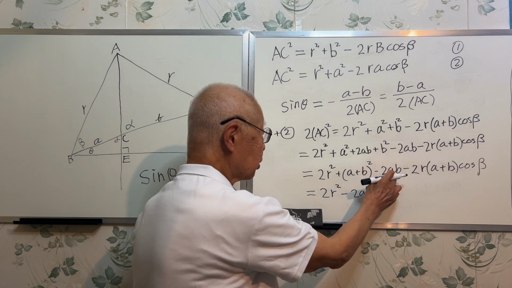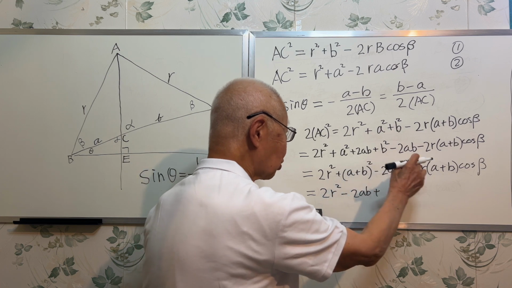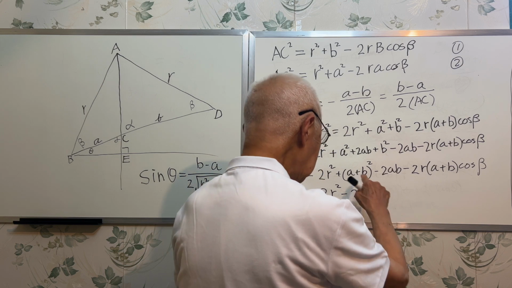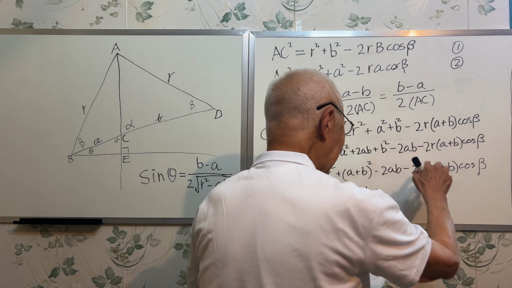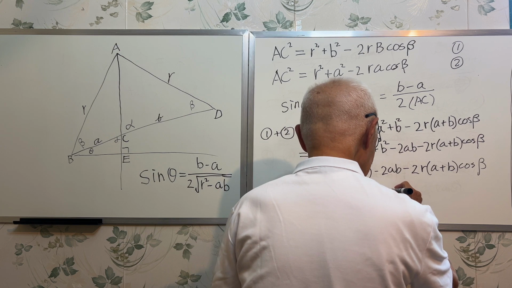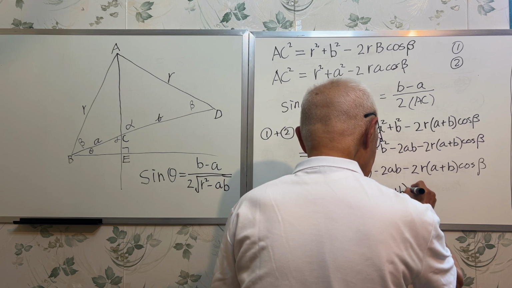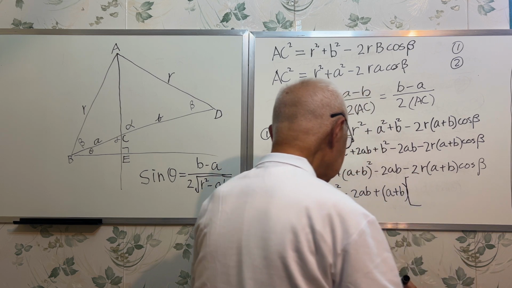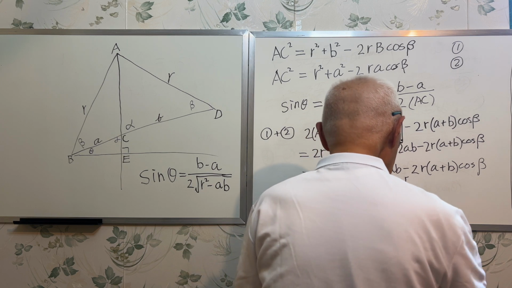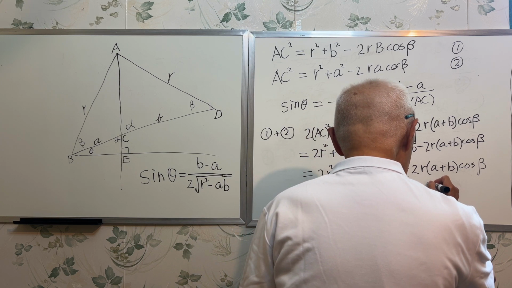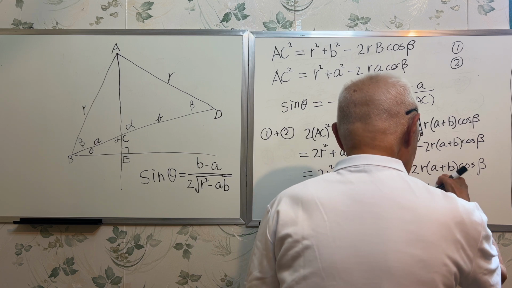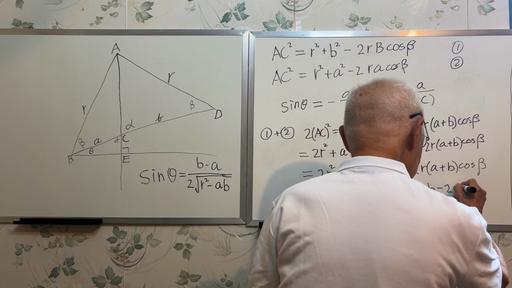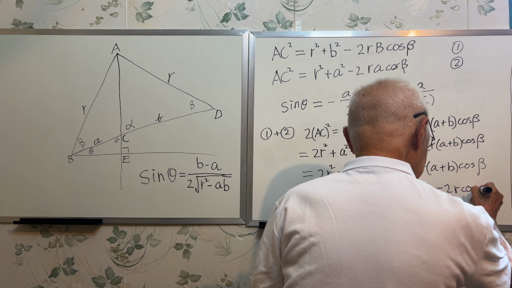I just interchange this and this. So a plus b bracket squared and minus this. And I see that a plus b, I can factor it out. So I have a plus b, minus, this is gone because I factor this out. So it's 2r cosine beta.